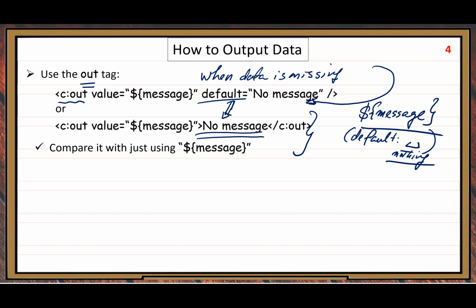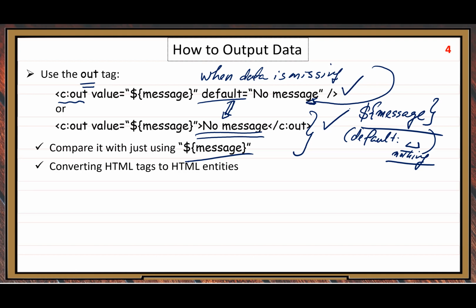Do you like to show some special default message? If you do not, you should use the EL way. Actually, most of the time we use EL. Most of the time we do not need to show any special default message, but only when you need to show some default message, you need to use the c:out way.